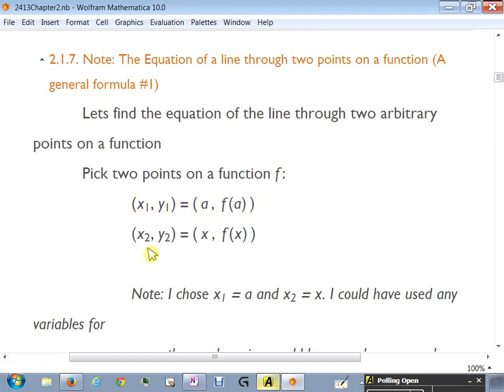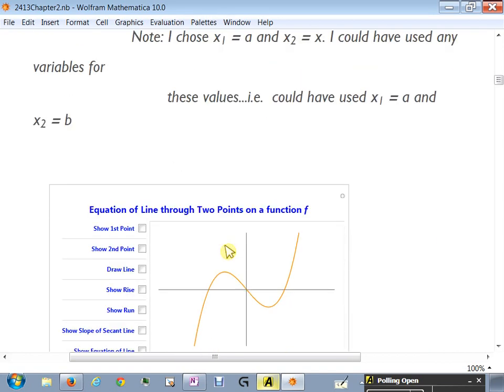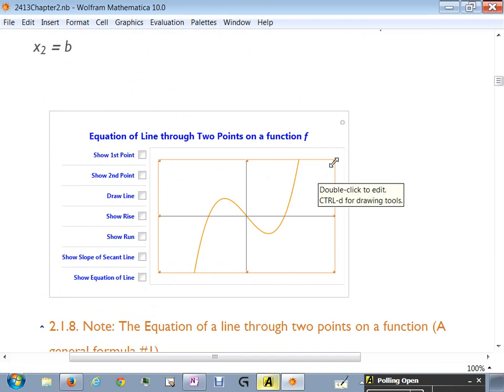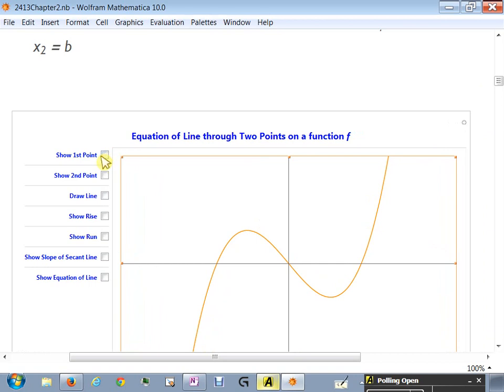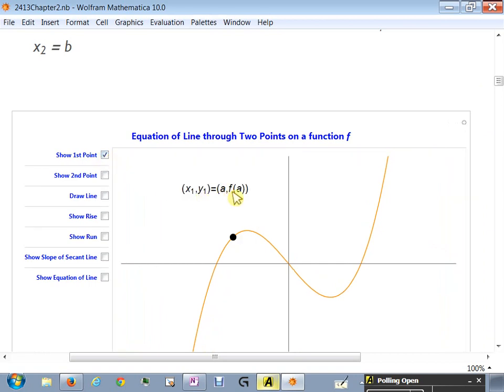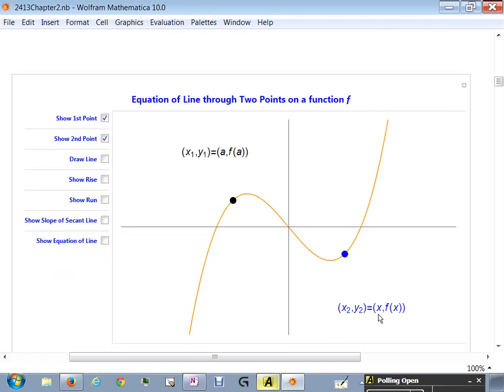And then the other point, instead of calling it x2, y2, let's call the x-coordinate x, and let's call the y-coordinate f of x. If we do that, and all we're doing is changing letters, we're not doing anything different visually, what we get is our first point is called a, f of a. Our second point is called x, f of x.